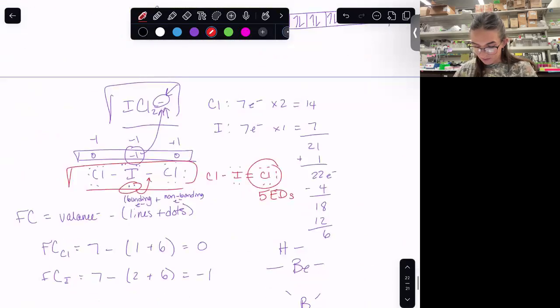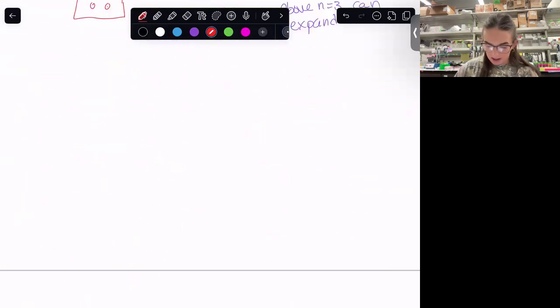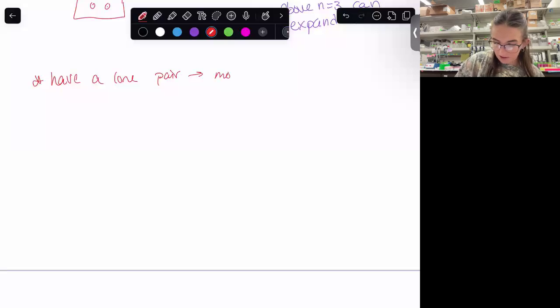When you're looking at electron domains, or looking at Lewis structures of atoms, I would say like 95% of the time, if you have a lone pair, the molecule is polar.